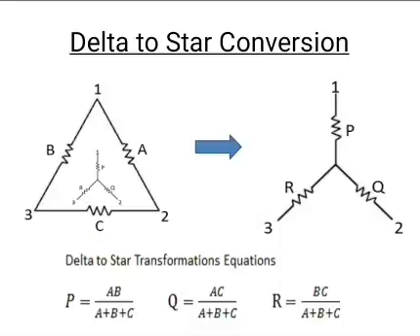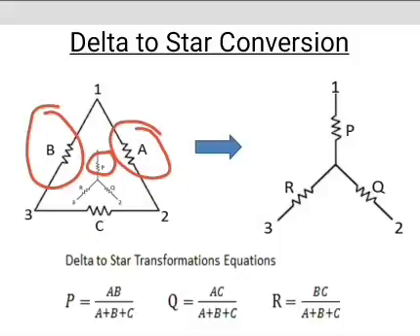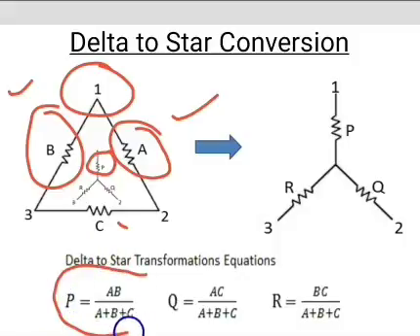For example, the resistor P is the product of the resistors A and B connected to terminal 1, divided by the total resistance A plus B plus C. Therefore, P equals AB divided by A plus B plus C.